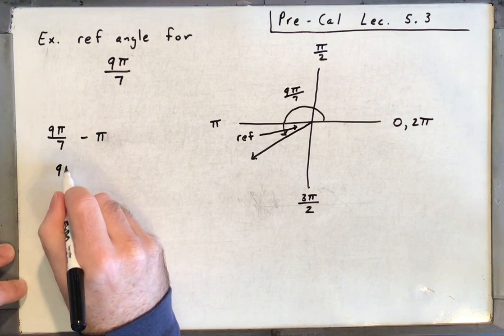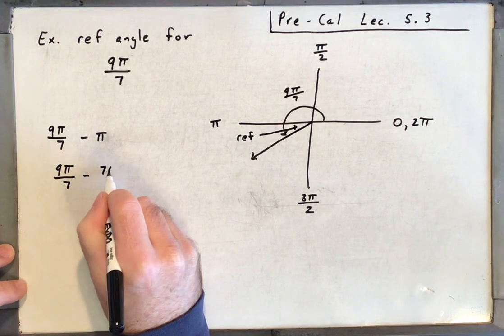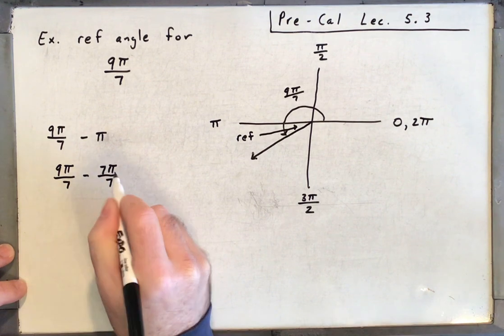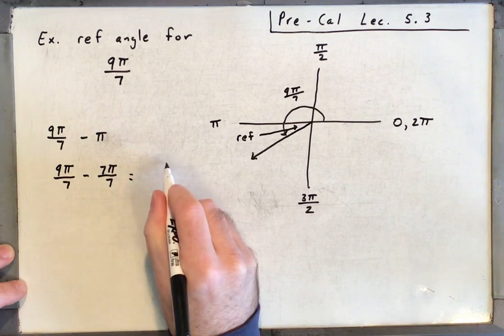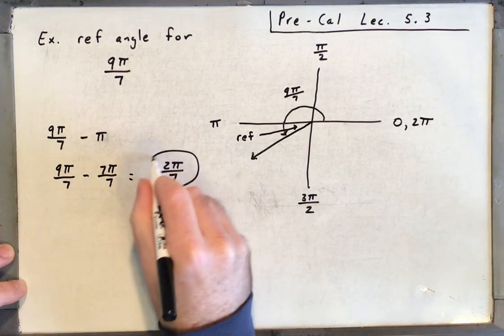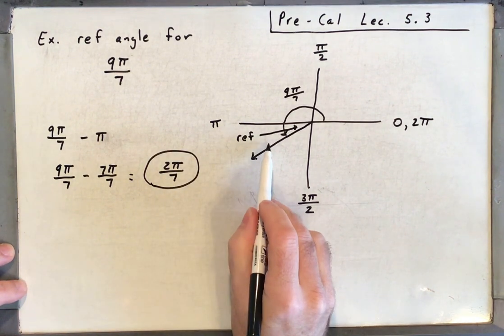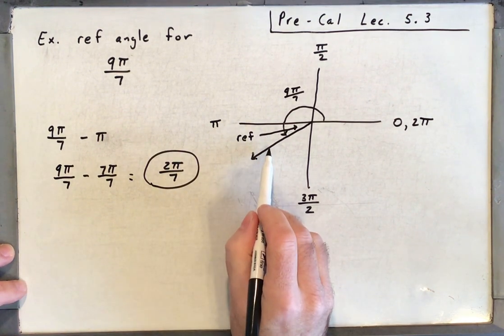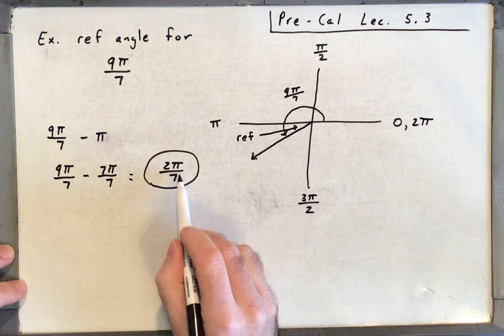Let's change pi into sevenths. So that's the same as 7 pi over 7. That's exactly the same as pi, right? Just multiply it by a clever version of 1, and what is left is 2 pi over 7. So remember, reference angles are always positive, and they're always measured to the nearest x-axis. Okay? It's always going to be acute, so less than pi over 2.